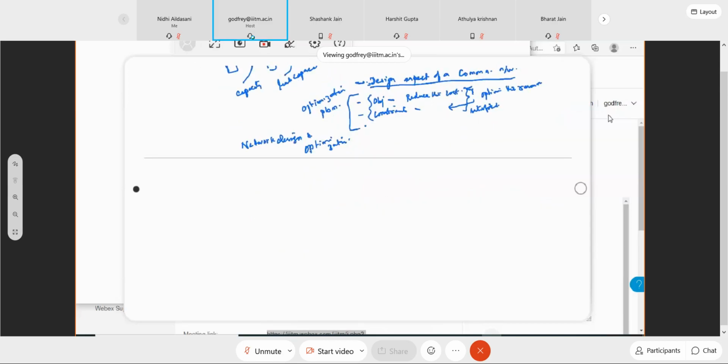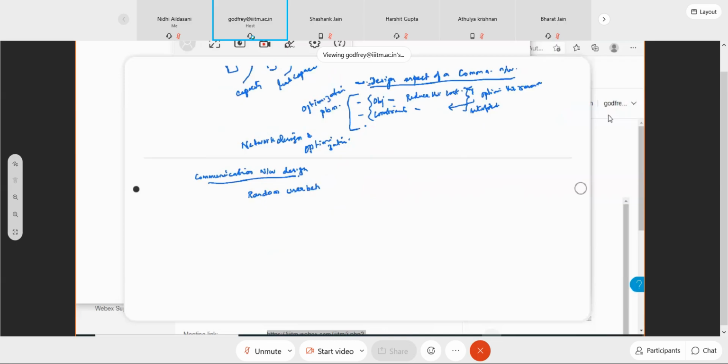Now, if you look at the communication network design, how the communication network has been designed so far, we will be able to see that in order to characterize the random user behavior, you have user behavior, and the user behavior is random.